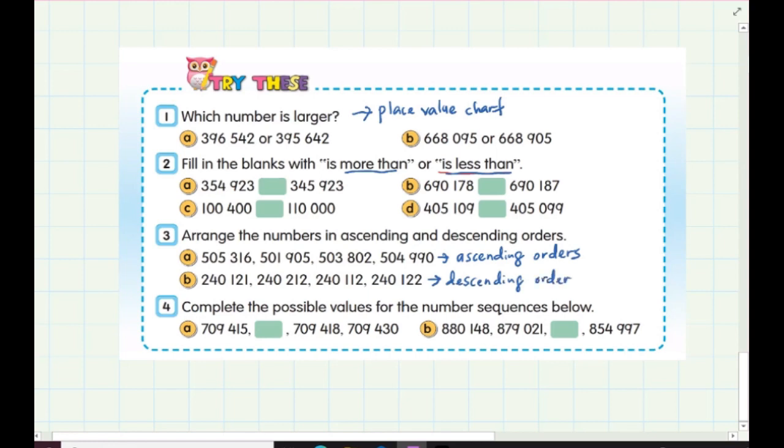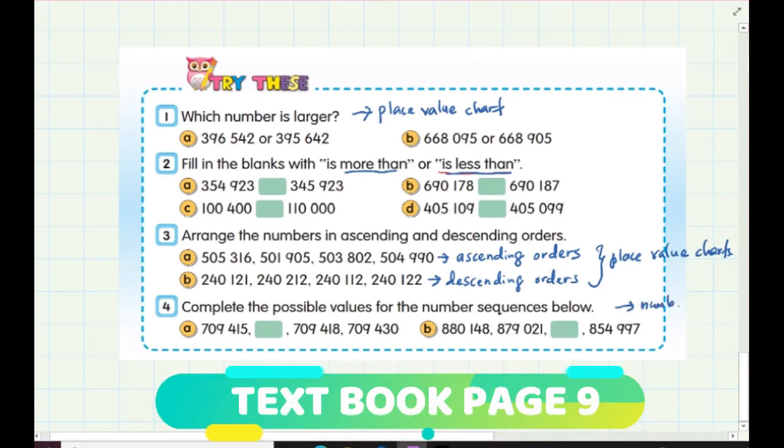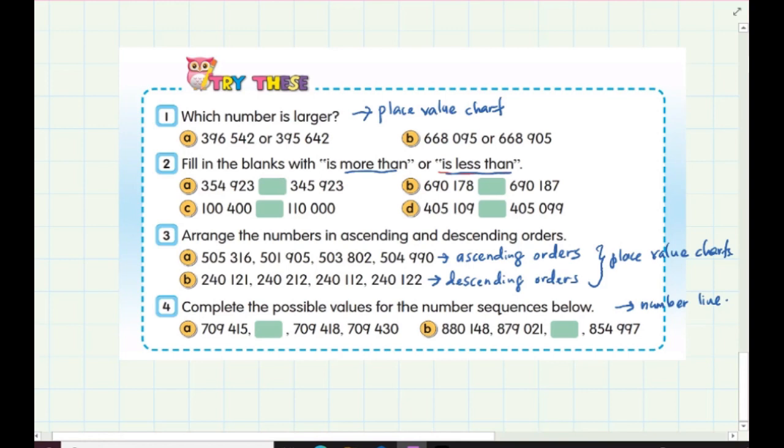For both questions you have to use the place value chart, like we learned before. Number 4, complete the possible values for the number sequence below. This one you have to use a number line. I want you to use a number line to answer this question. Okay, and thank you for now. See you next time.